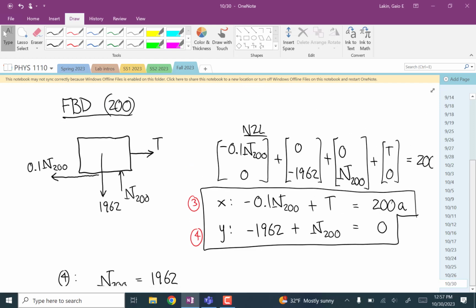Okay, so what we're trying to find is the force on the 200 by the cable. That's always been this. We just didn't know what T was yet.